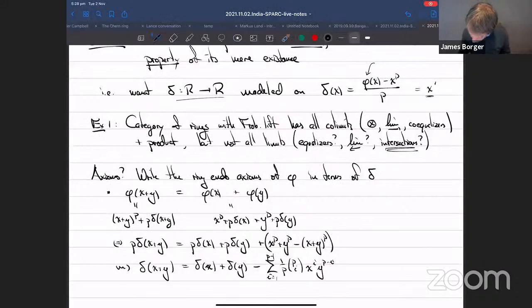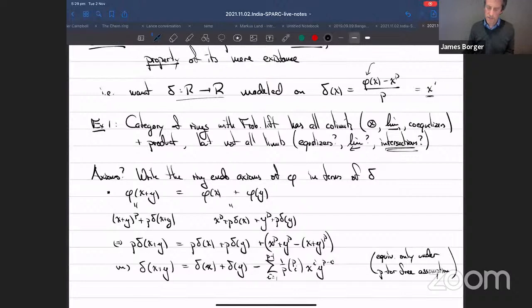So I'll say it's equivalent only under a p torsion free assumption. And of course that's good, because the category of rings with Frobenius lift, if there is p torsion, is not well behaved.